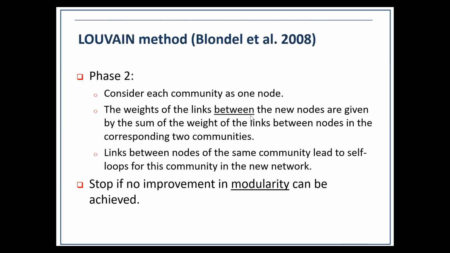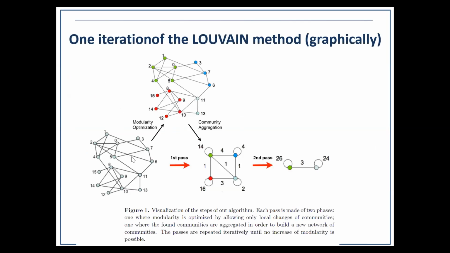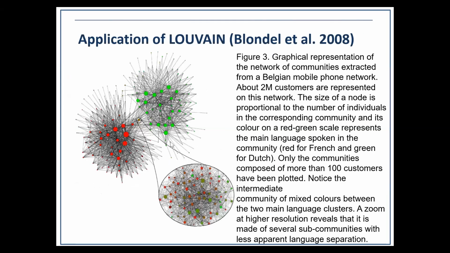And in phase two, they collapse all nodes from one community into one node. And this is repeated until modularity cannot be improved anymore. A simple example has been shown here, and a real life example was the one with the telco network in Belgium. Questions so far?